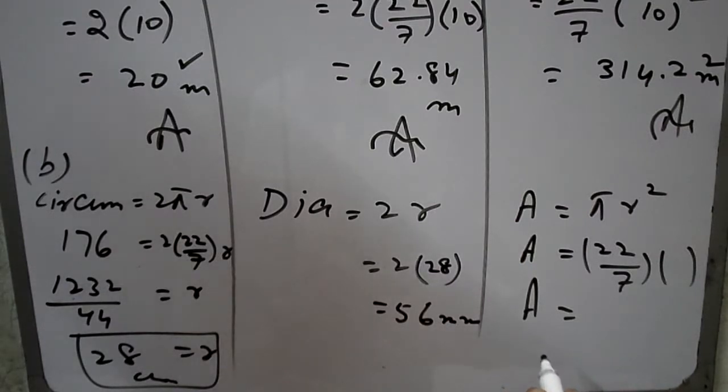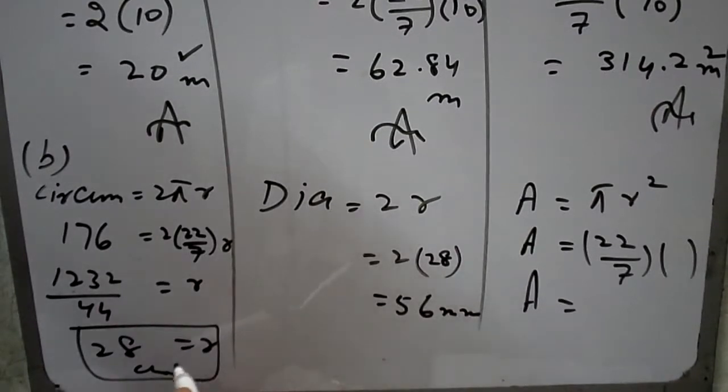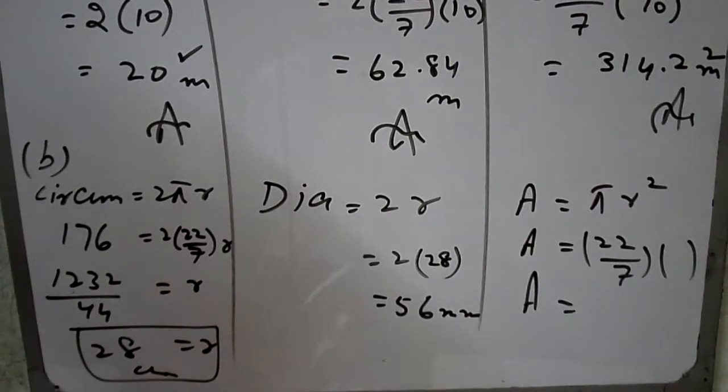How can you find the area? Radius is in centimeters, also the 176 is given in millimeters, so it means this will be also in millimeters, that is 56 millimeters.